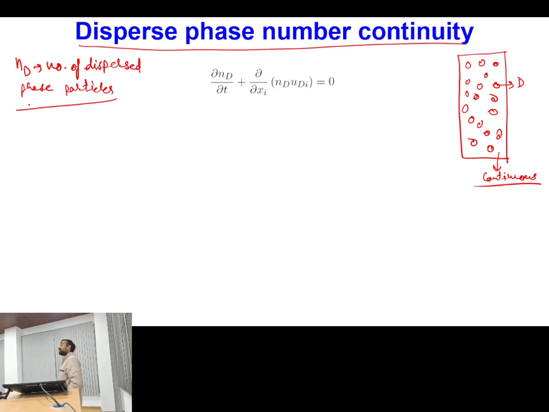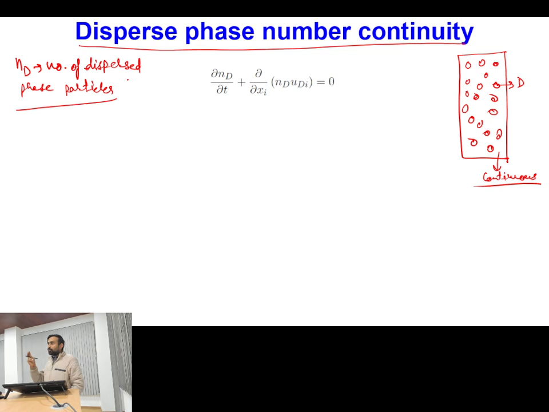Okay. So in that scenario, I have to track two things. One is number and the second one is volume. Okay. So that type of method is called the population balance method. So whenever you are using the population balance method, of course, in the continuity equation you will try to keep track of the number of bubbles present in the system or the number of particles present in the system. So over here, say, in this particular system I am having ND number of dispersed phase particles present.